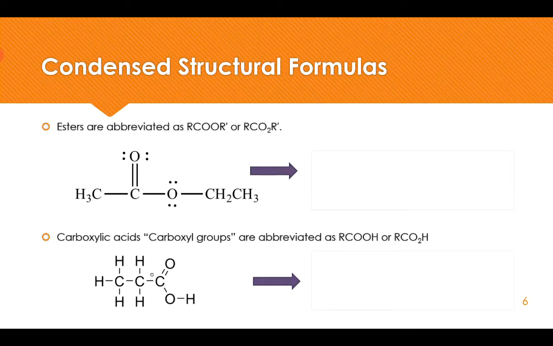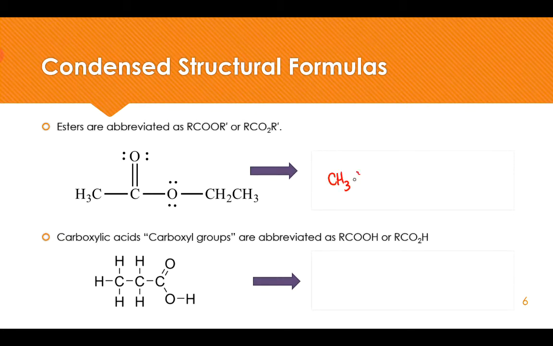So how do we write condensed structural formulas for these new functional groups? Well, you can always just draw out that functional group. Remember, it still counts as a condensed structural formula as long as you aren't drawing the individual bonds to those hydrogens. So we can still write CH3 for terminal groups, and then draw out double bond O, and then an O, and then CH2, CH3.